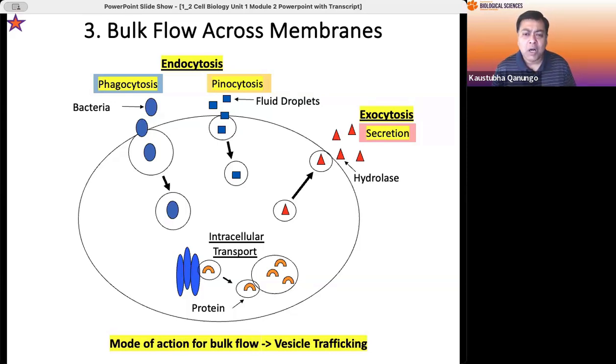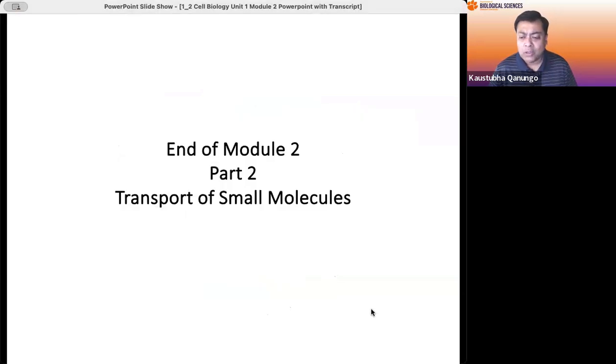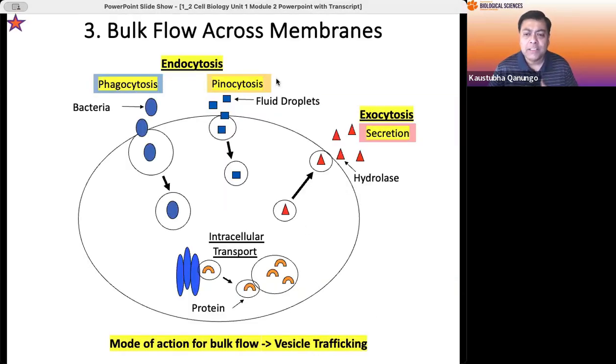That's pretty much all. This is just the tip of the iceberg. Here we are just learning all these processes, and in the next part, we will learn how this trafficking happens. Just remember the basic definitions of phagocytosis, pinocytosis, and exocytosis.